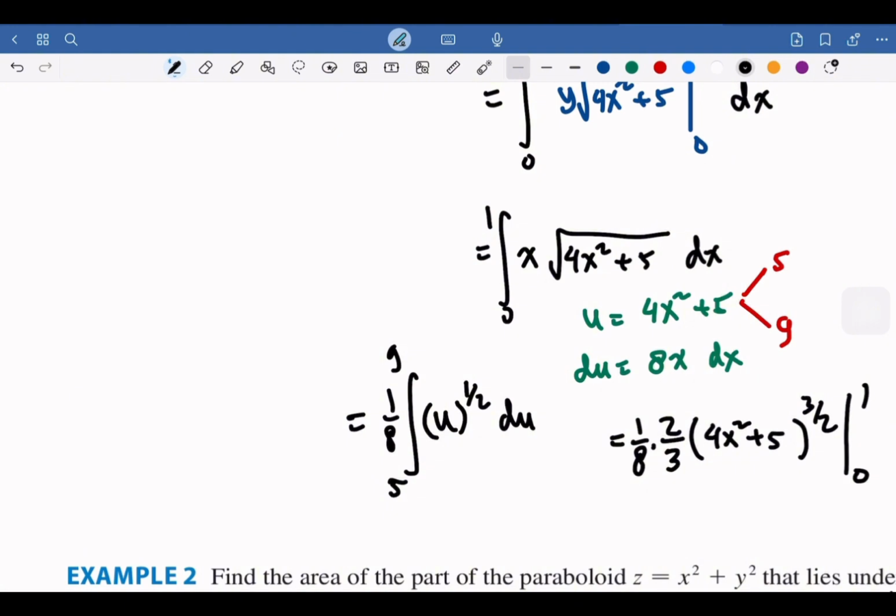I prefer this because I'm looking for the 0, 1. But if you check this, it's also okay, I think, because this will end up with the same structure eventually. So this one will be 1 over 8, 2 over 3, and then 3 over 2 from 5 to 9. And you will see that 5 and 9 come from this 4 or 5.